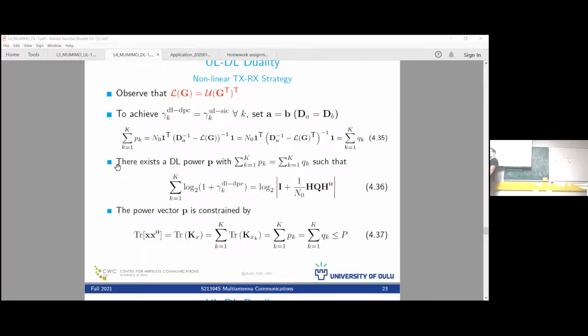Okay, the power allocation is different, right? This interference structure is different as well, right? The indices are different, but the sum power is the same. The power allocation is different.